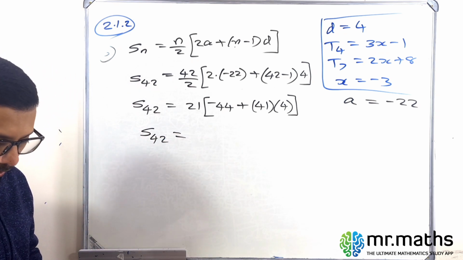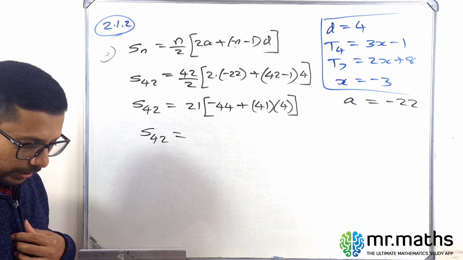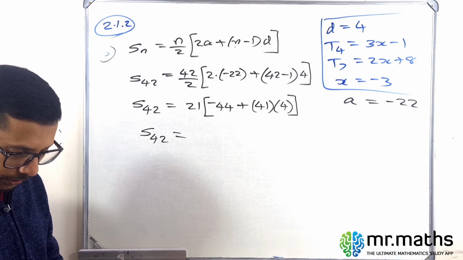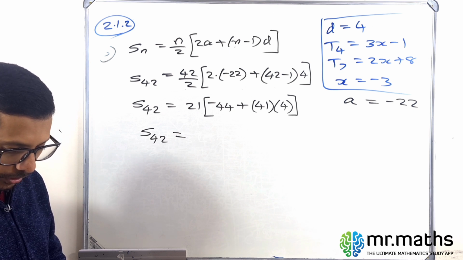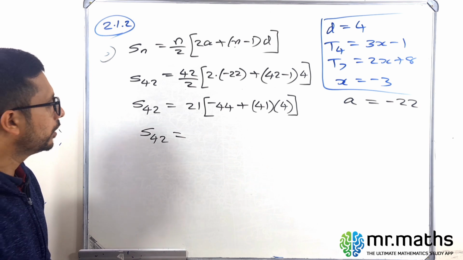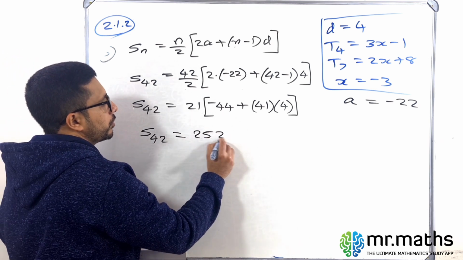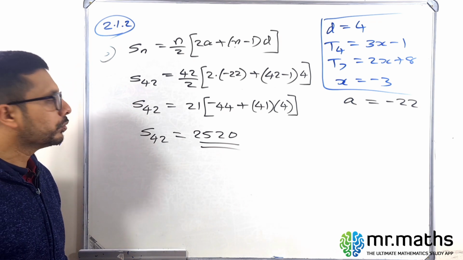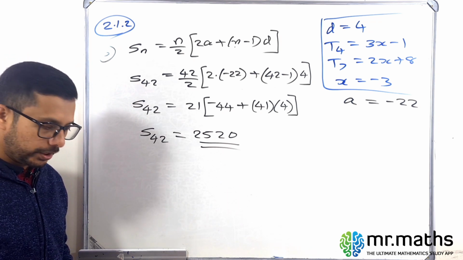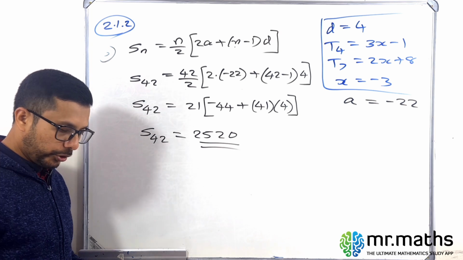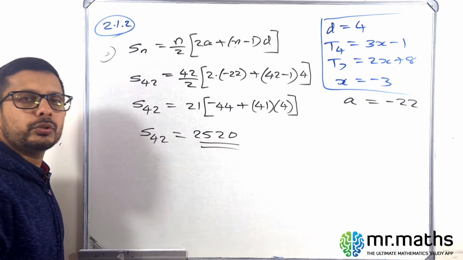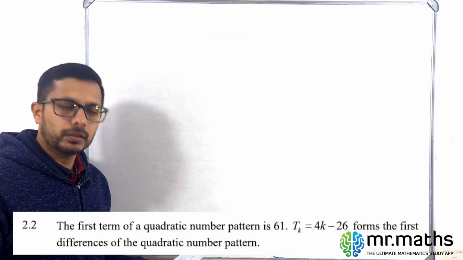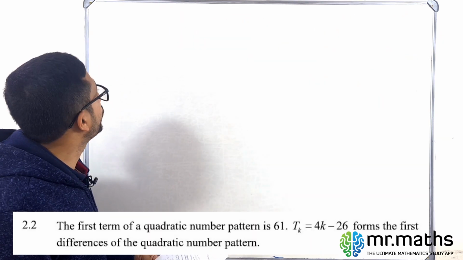In your calculator, 21 times minus 44 plus 41 times 4, you will get the answer as 2520. That means the sum of the first 42 terms is 2520. Okay, so that is question number 2.1.2. Now let's move to the next question, 2.2.